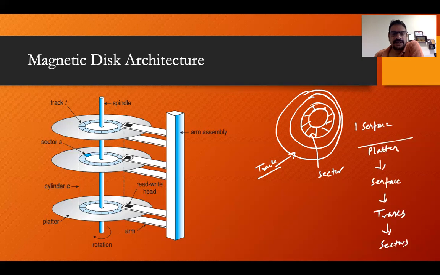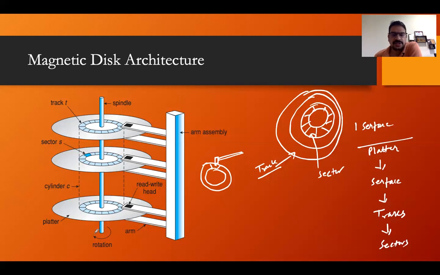The read-write head will position itself at a particular place in the disk, and that particular place is nothing but the sector. From the sector, the read-write head will read the data and provide it based on the user's need.